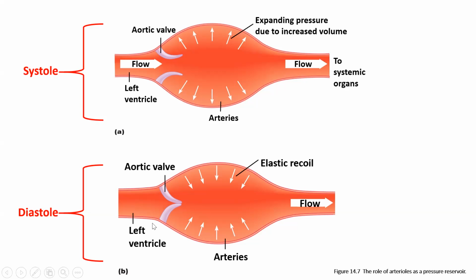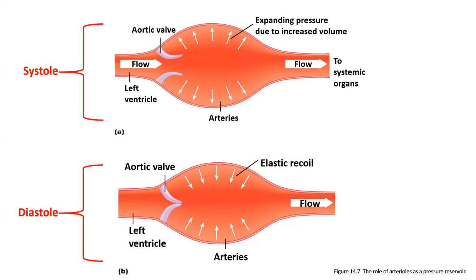During diastole, when the semilunar valves close, so we can see the aortic valve has closed here, there's no longer that flow coming from the left ventricle, and so we would want to think that perhaps the flow would decrease as this valve closes, but that is not true.